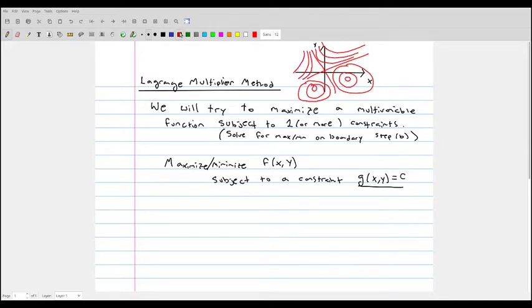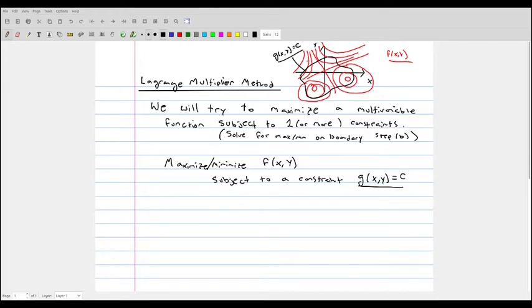So these are just level curves of our multivariable function f of x y in red. Then we have some constraint curve, and this black curve is the curve g of x y equals c.